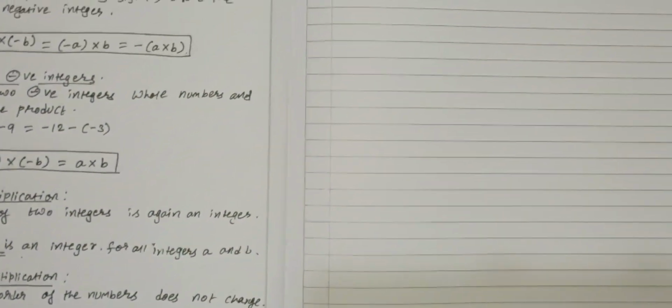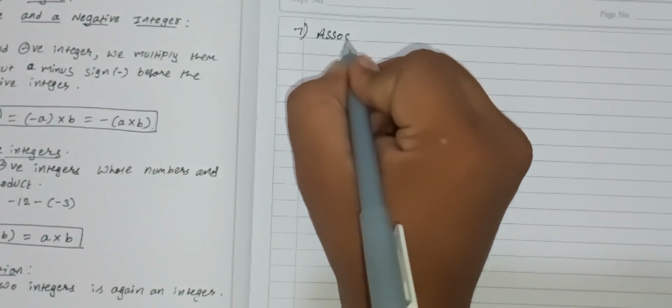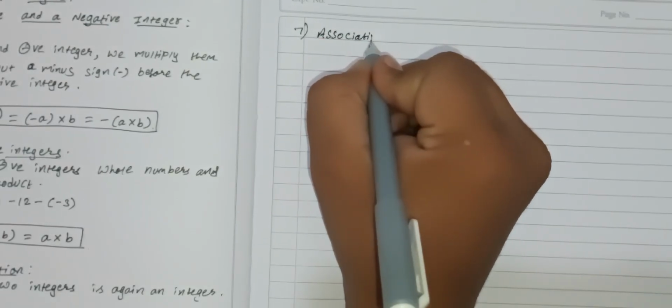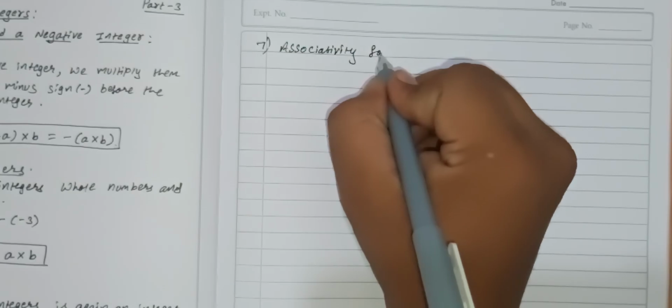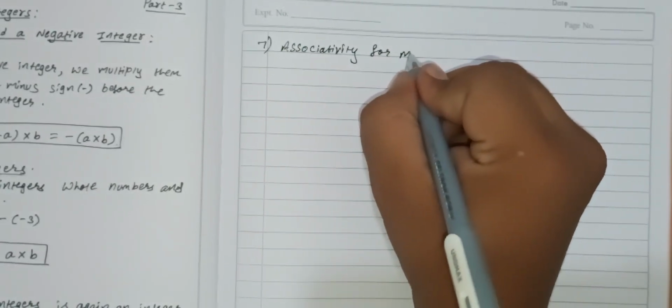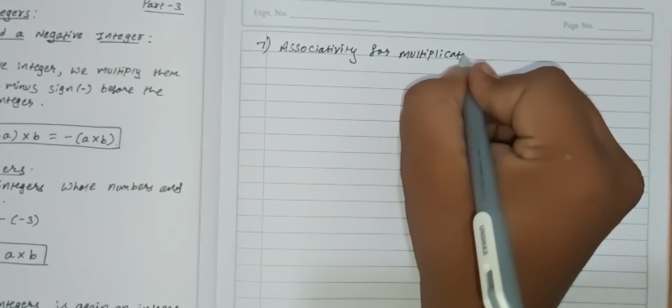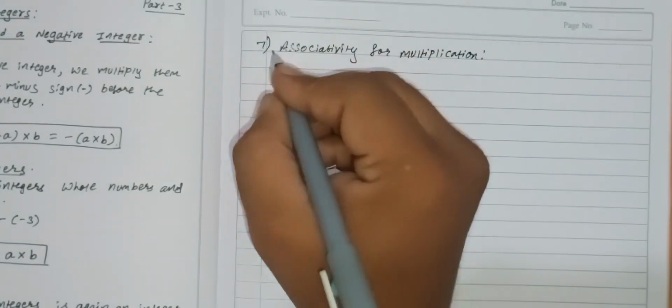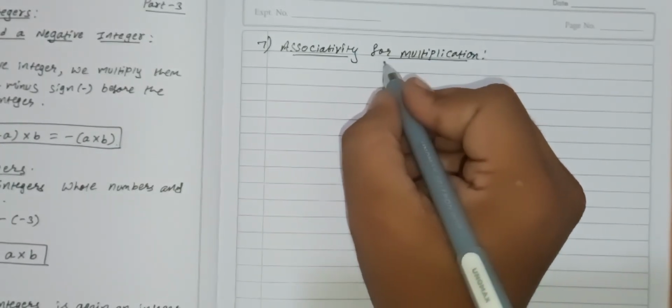The next property, associative property for multiplication.